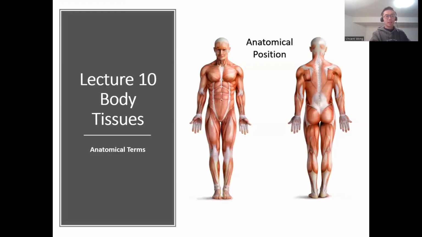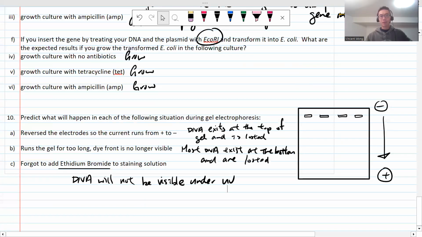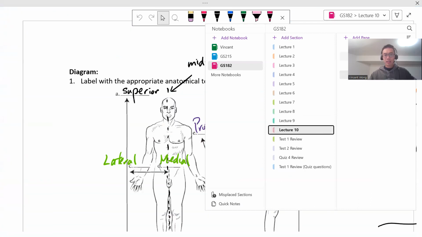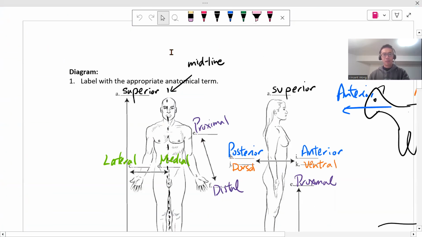All right, I'm going to teach you the anatomical terms, and for this, you would need to have your study guide, which I keep on telling you guys to print. I don't actually know if you guys print it. I hope you do.